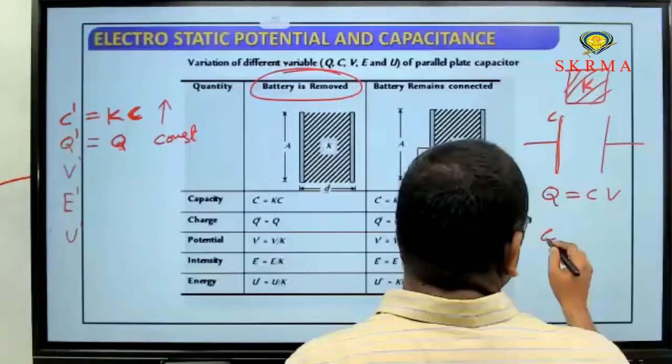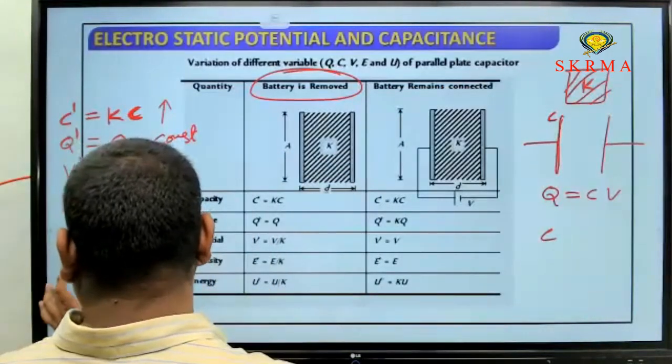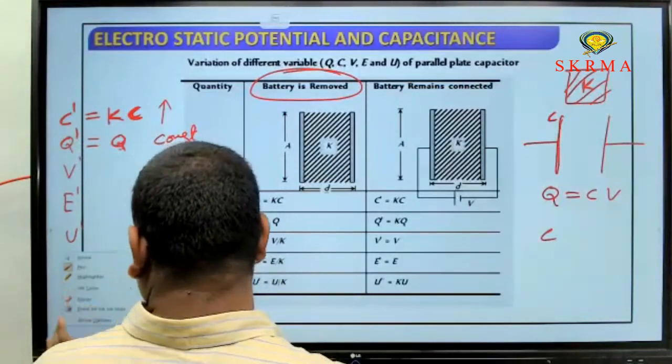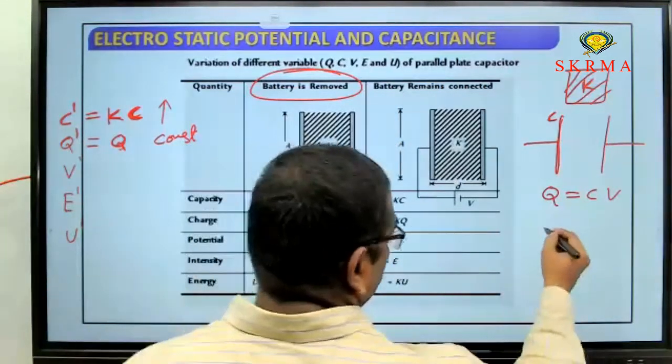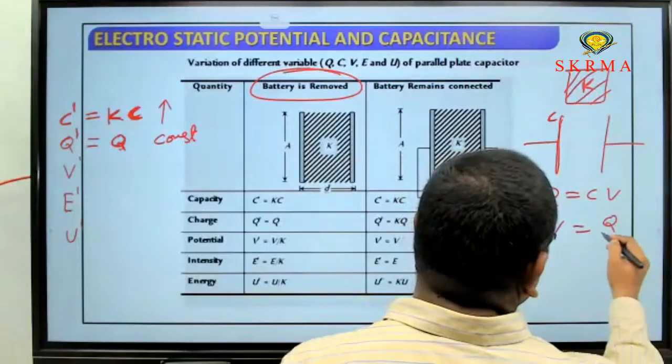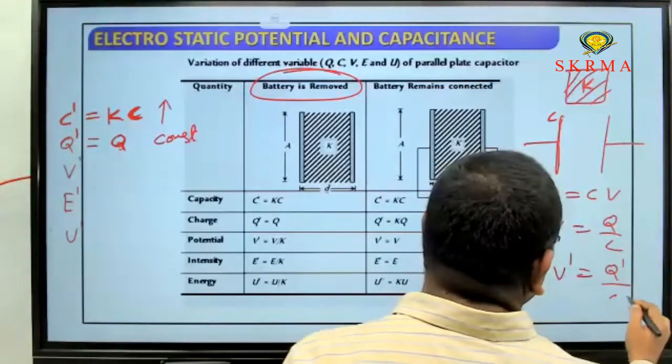Potential V can be written, from that equation, as V = Q by C. So V dash = Q dash by C dash.